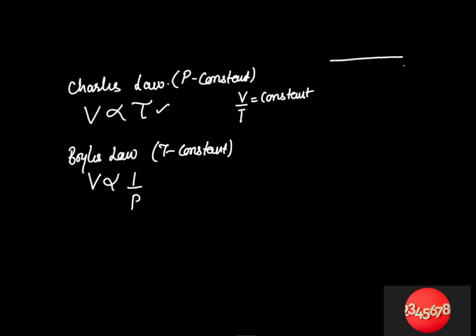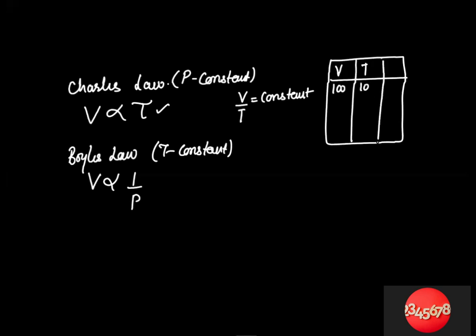And let's consider a case of volume and temperature. Let's say if volume was 100, when temperature was 10, what will be the ratio? V upon T, 10. Very good. When I increase the temperature to 20, volume will become 200, because when I increase the temperature, volume also increases.